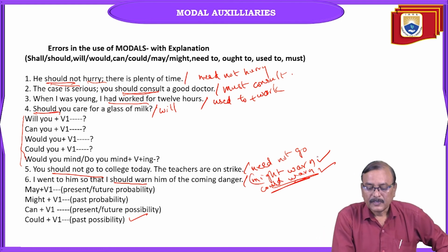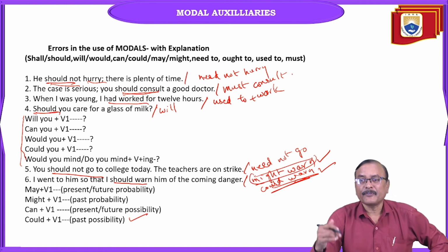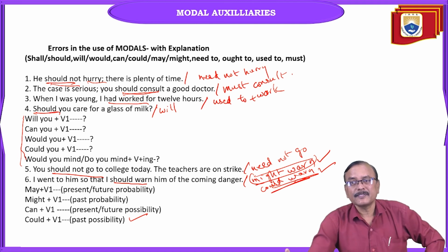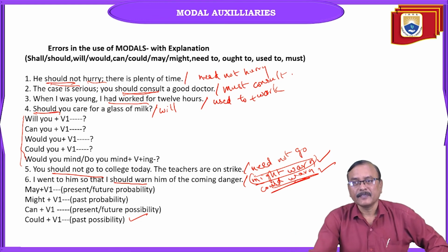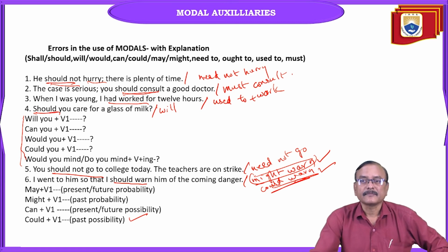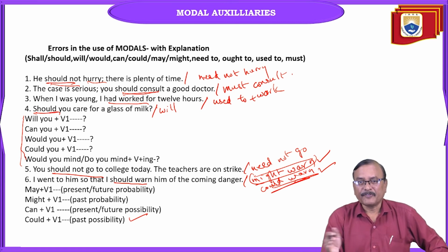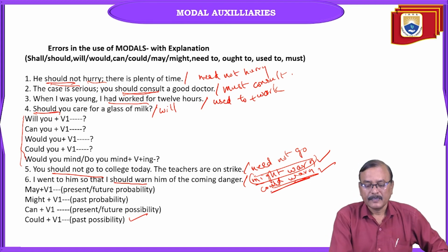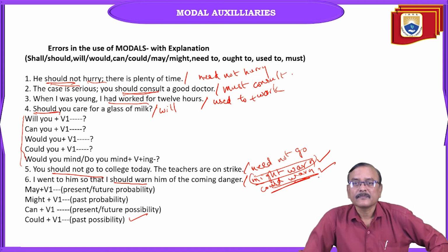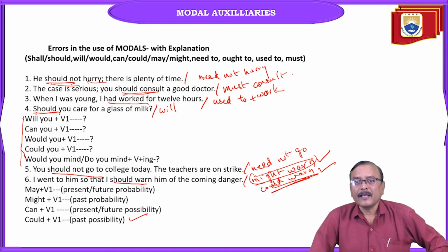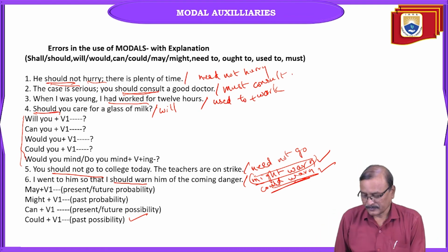So, if it was speaking of only 50-50 probability, you can use might. If the possibility is more than 50%, you can use could plus V1. If it is a 50-50 possibility, use might only, because it is past only. If it is more than 50% possibility, you can use could V1. I went to him so that I could warn him of the coming danger. Right?